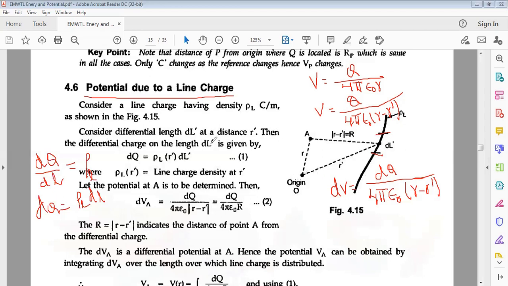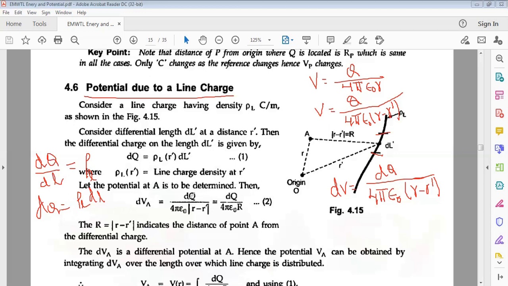Then the differential charge on the length dl bar is given by dQ is equal to rho L into dl. Since it is at a distance of r dash, you get rho L of r dash. So there is no need to represent rho L of r dash; directly we can write dQ is equal to rho L into dl, where rho L is the line charge density at r dash.